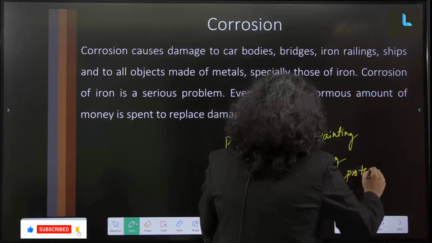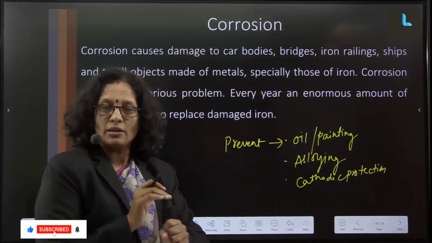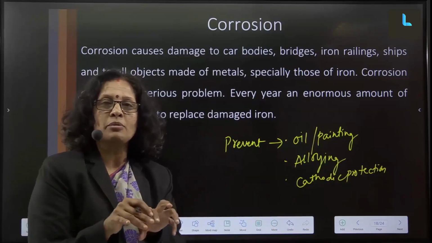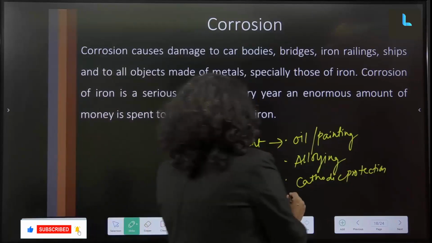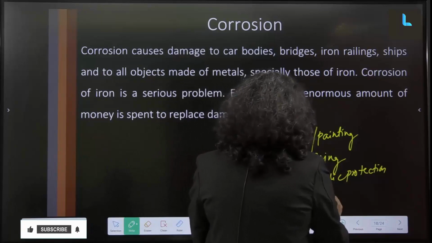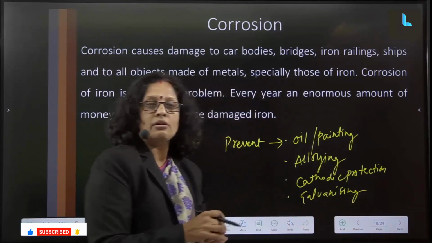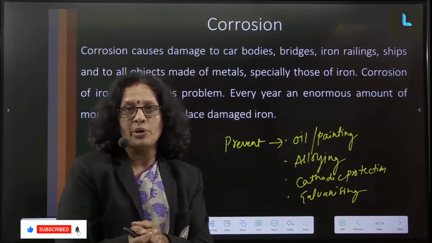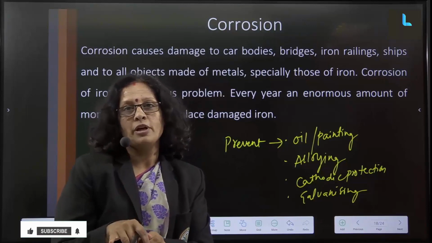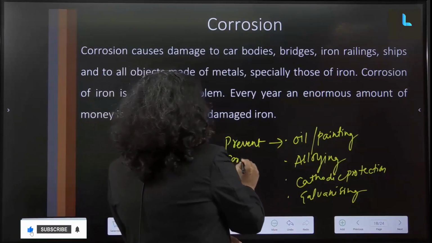We can make any other metal the cathode, so that metal will come in contact with atmospheric conditions first and the iron will be protected. Then galvanizing: an iron article is dipped in zinc, and the coating of that metal prevents it from corrosion. So this can be done to prevent corrosion.